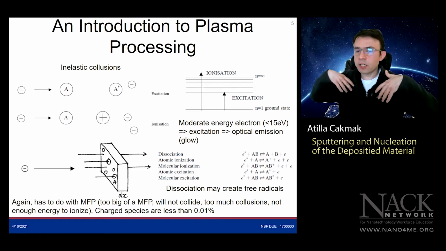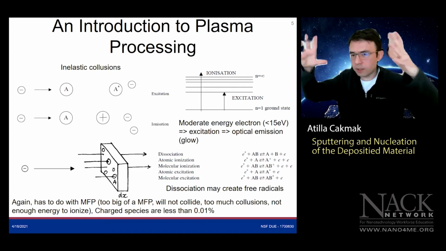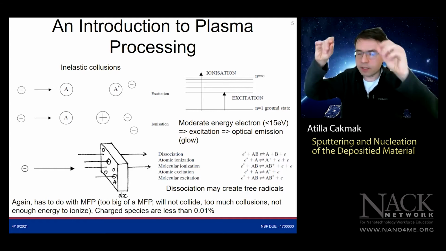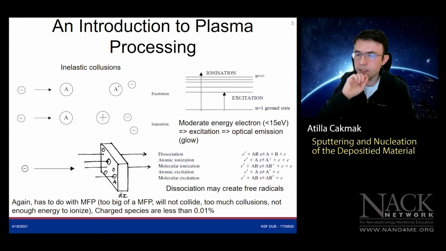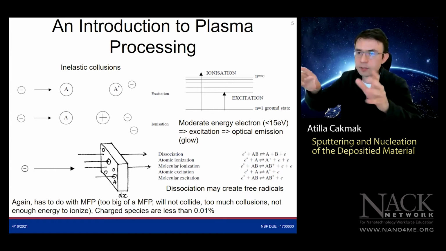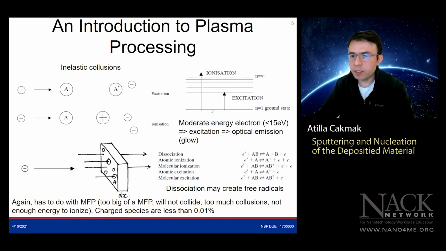These charged particles will be less than 1% of the overall neutral species, the gas particles that we're feeding into the system to do the deposition, the sputtering. So all this ionized gas plus the electrons, all those charged particles, will be a very small minority in the whole combination.